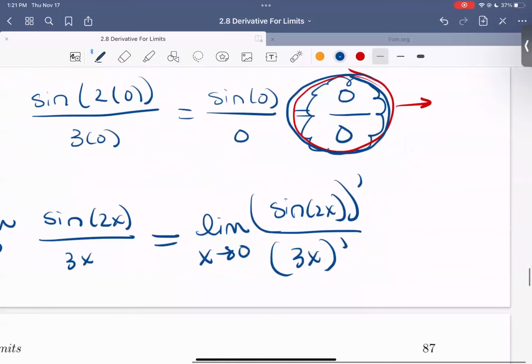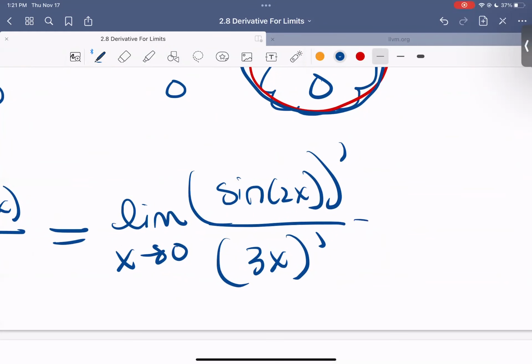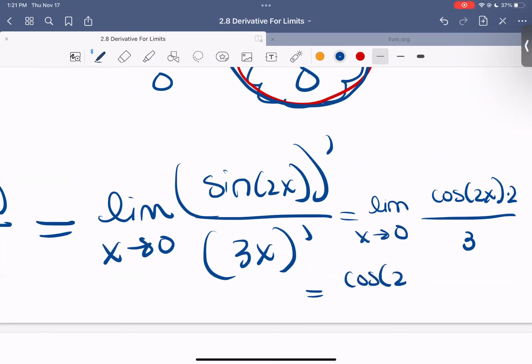Well, the derivative of sine here is cosine. We need to do the chain rule: cosine of 2x times 2, the derivative of the inside, over the derivative of 3x, which is just 3. So we can just plug in 0: cosine of 2 times 0, times 2, over 3. 2 times 0 is 0, and cosine of 0 is 1.